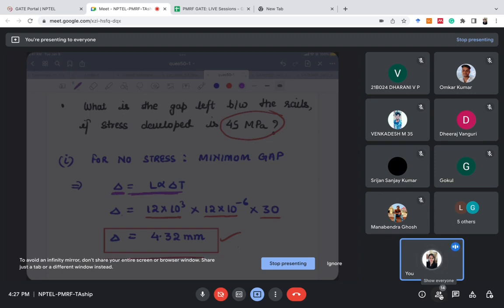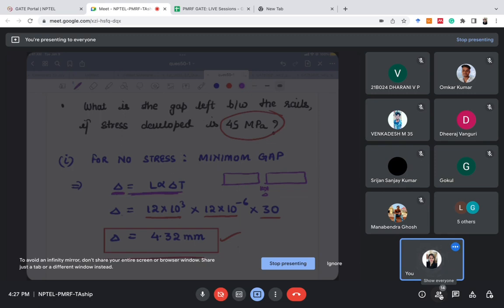But in the second question, it is given that the stress is 45 MPa now. Since there is stress, it means that we must have violated this; we haven't kept this much gap. Suppose delta is the gap required for no stress. If 45 MPa stress is there, we must have kept a gap lesser than delta.